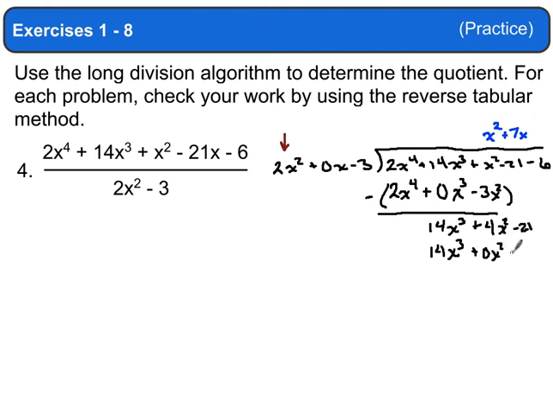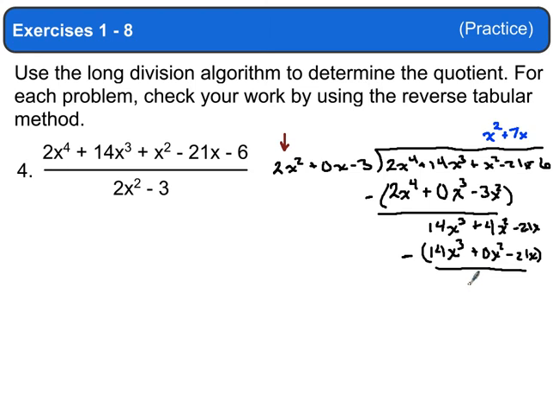And then we get a negative 21. There should be an x on here. An x. And so we get a minus 21x. We close the parentheses, put a minus sign. This goes away.